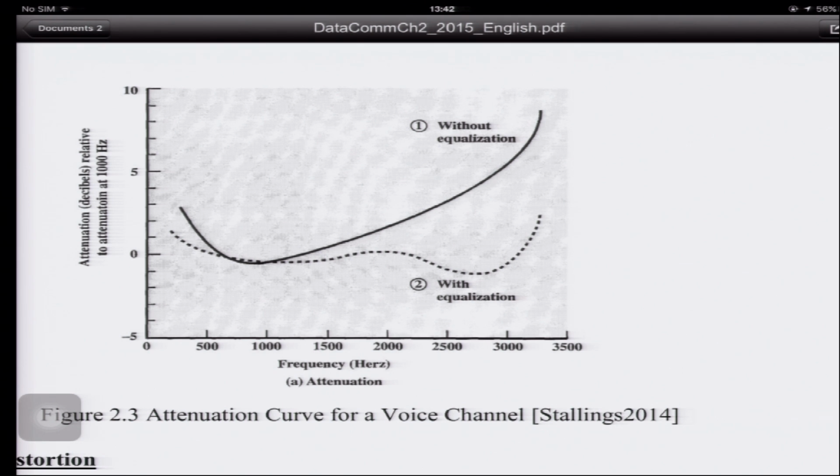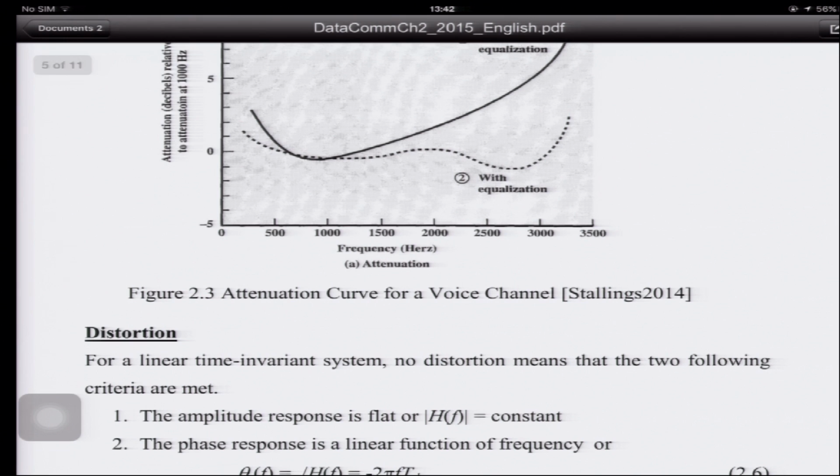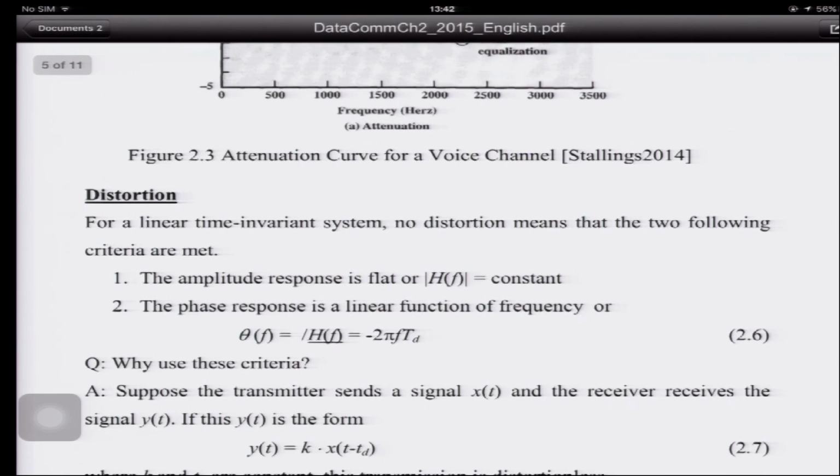But if you want it to be more stable, similar for all frequencies, you can use an equalizer. The dashed line is after the equalizer, and the attenuation is better than without it. It's more stable, even though not perfectly, but it's better than the solid line.